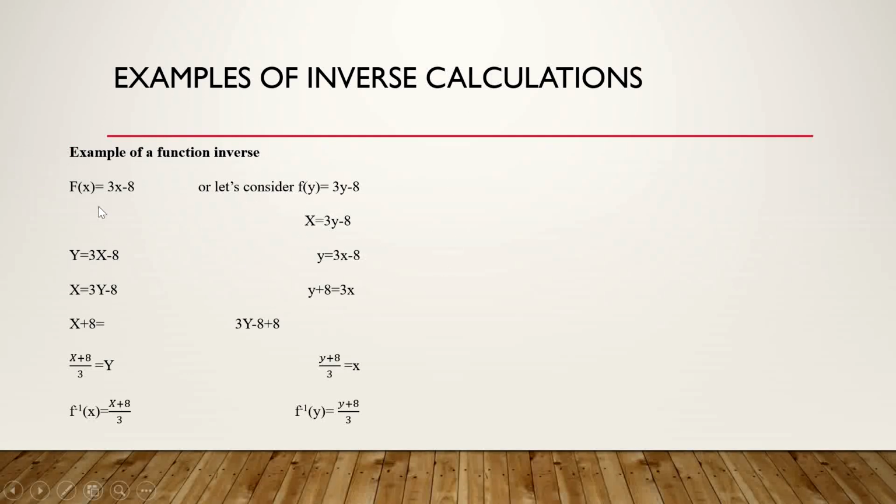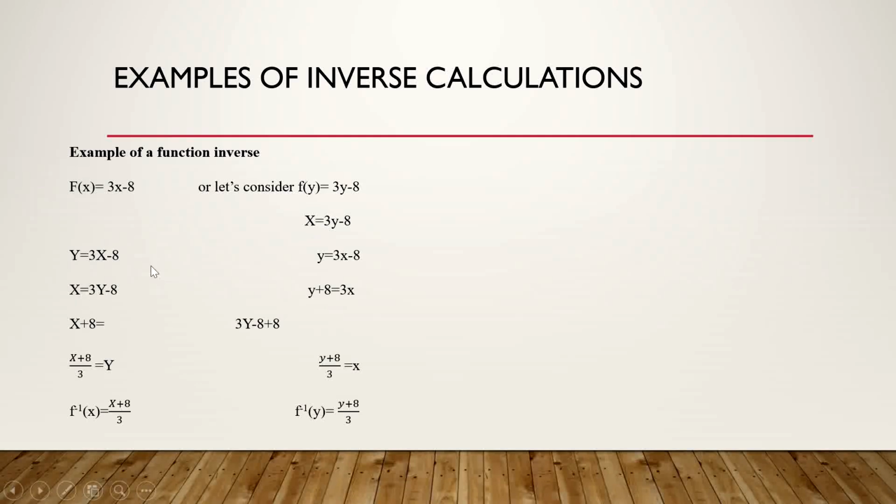For example, if f(x) equals 3x minus 8, or let's consider f(y) equals 3y minus 8. We will do a mathematical working that says y equals 3x minus 8, and at the same time for the inverse we say x equals 3y minus 8.